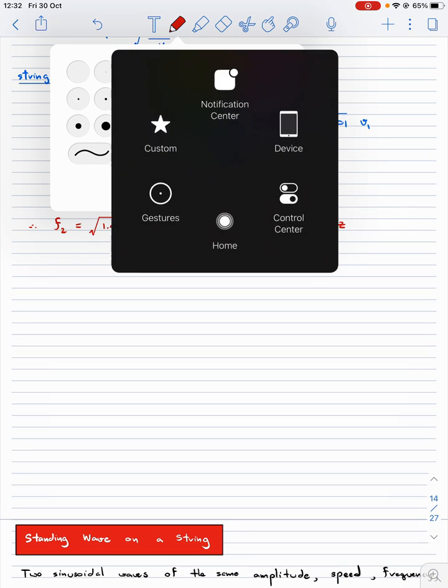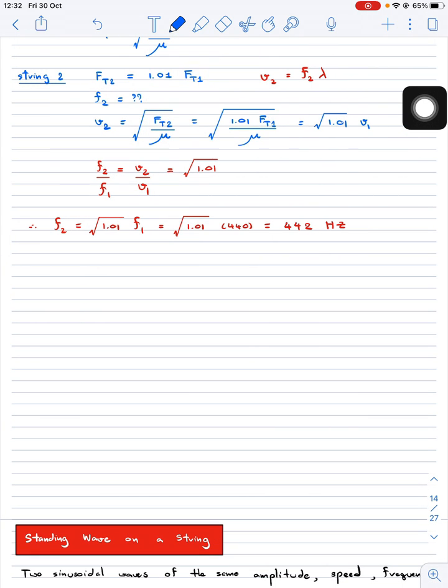Then finally we can get the beat frequency, which is equal to the absolute value of f1 minus f2.